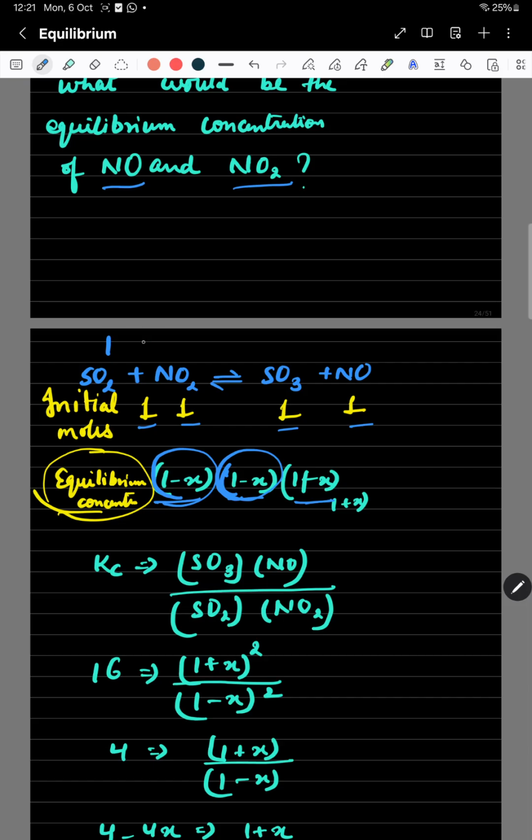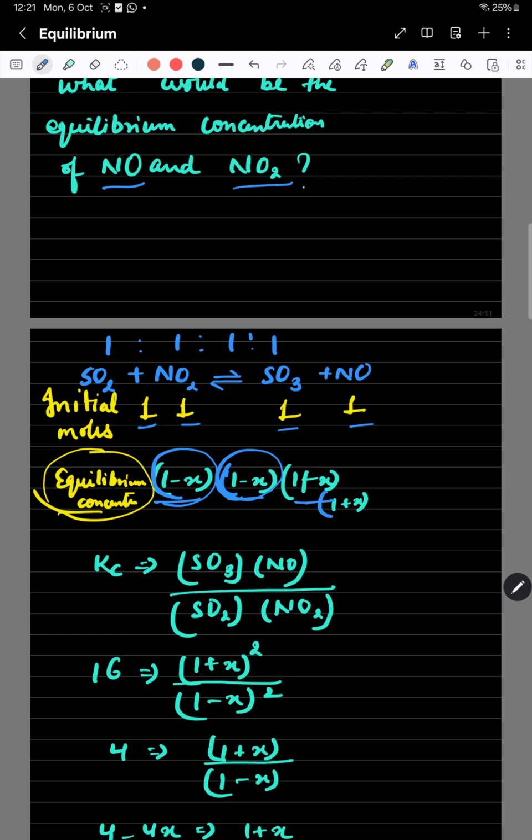As you can understand, there is a molar relationship between these species, 1 mole of this, 1 mole of this, 1 mole of this, 1 mole of this. There is a 1:1 relationship. So if X moles are dissociating, X moles of SO3 and NO will be produced. 1 plus X, 1 plus X will be there.